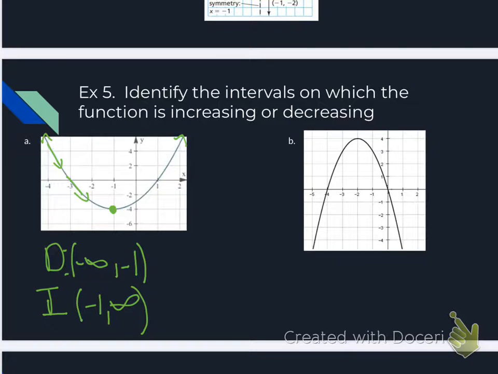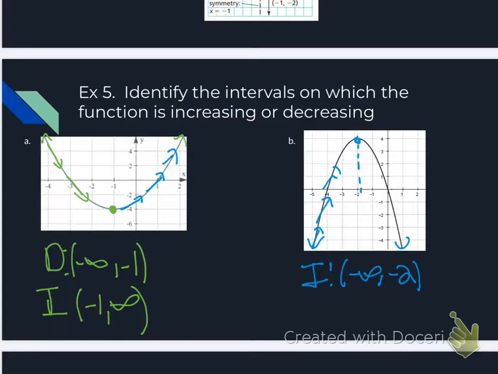So starting here, you see that it's now going up if you run your finger across it. Let's go over here, starting at the edge of the graph, going from left to right. You see it's going up, so it is increasing. So it's increasing from negative infinity to your vertex point. Our vertex point here is -2.